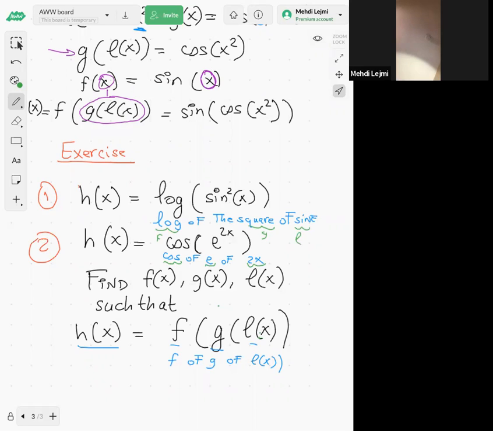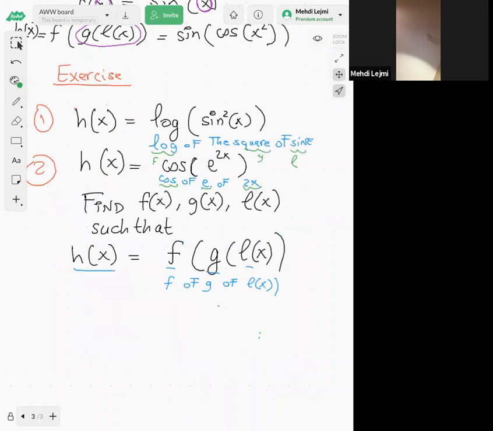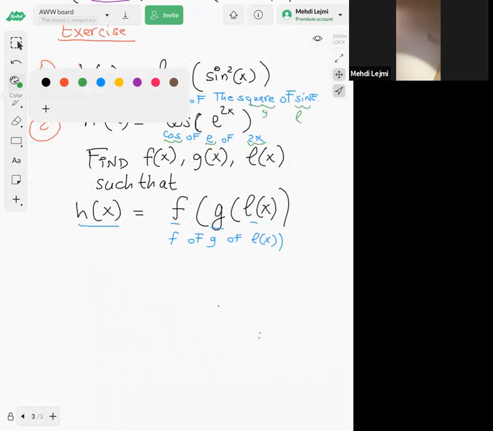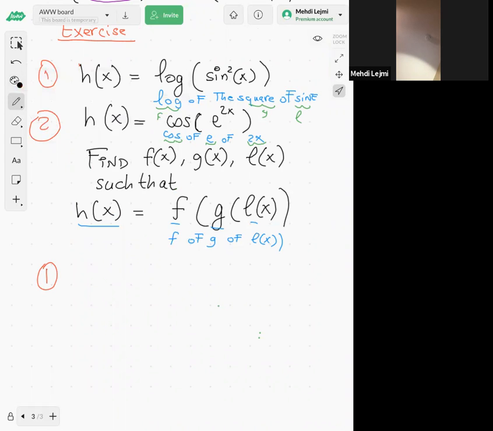So let me write it down here. For number one, if you say f of x is equal to log of x, that's your first function, right? You have log first, so that's f.